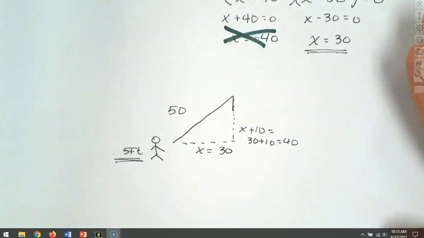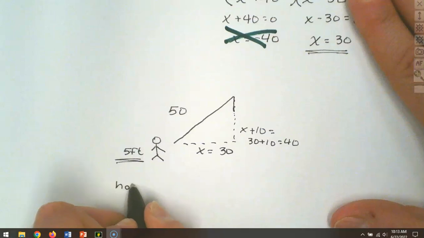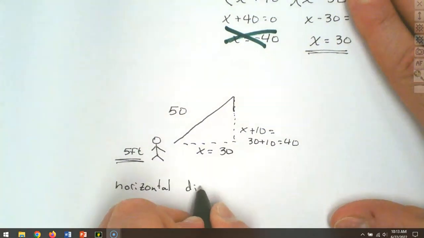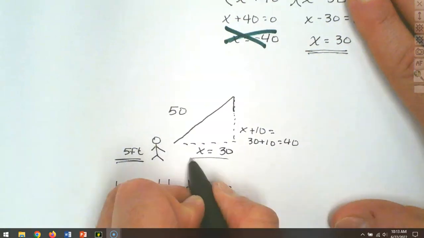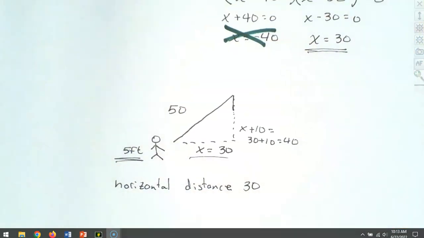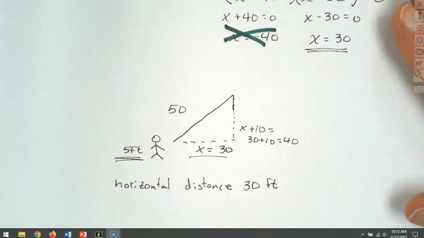So let's talk first about the horizontal distance. All right, the horizontal distance is here, and it's that 30, and we are looking at the kite, and the kite is measured in feet on the string. So that means that horizontal distance is also in feet, so that's 30 feet.